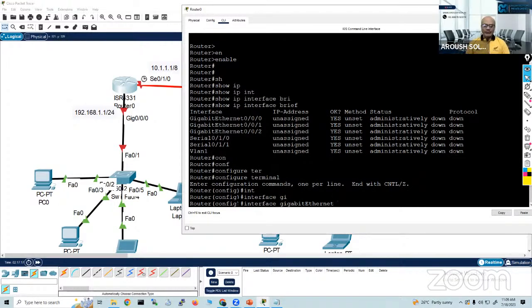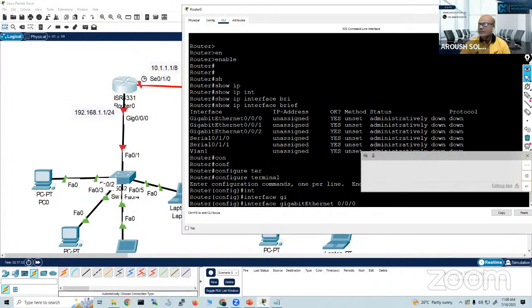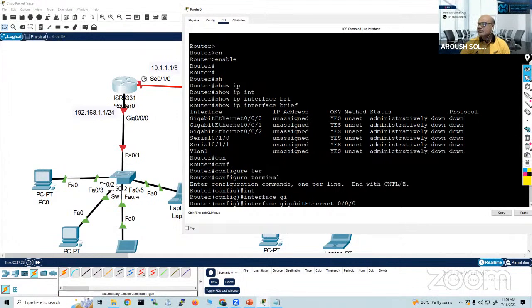It will complete your command. Just like for FastEthernet we use fa0/1 or 0, for gigabit we can also do that. Yes, same thing. You can use it.